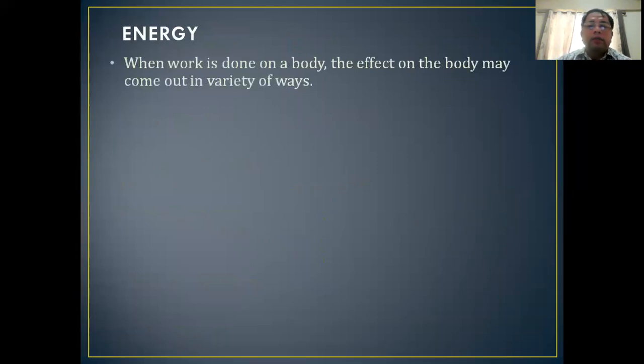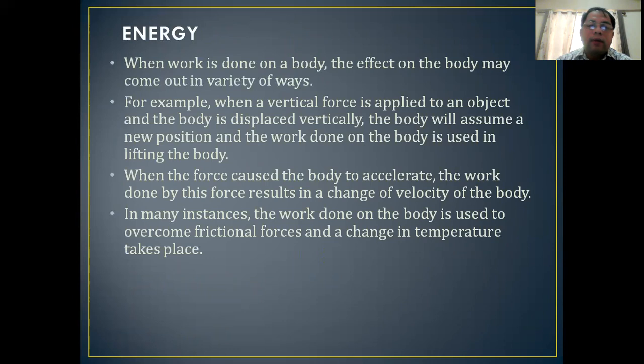Now, for our energy concept, we realized last time that energy is what we need in order to do work. The capacity to do work is described as energy. Without energy, we cannot perform any work on something.